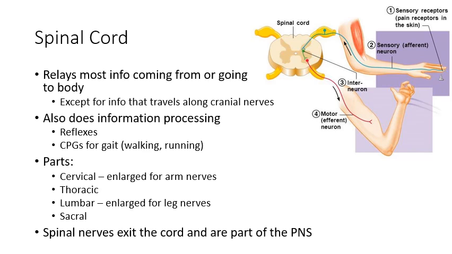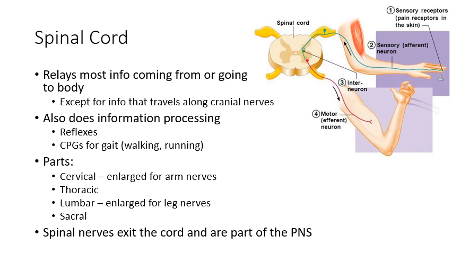The spinal cord is divided into 4 parts: the cervical spinal cord, the thoracic, the lumbar, and the sacral. The cervical part and the lumbar part are the thickest, because that's where you have all the neurons that are related to your arm nerves and your leg nerves. All along the spinal cord, you have nerves exiting that are part of the peripheral nervous system.